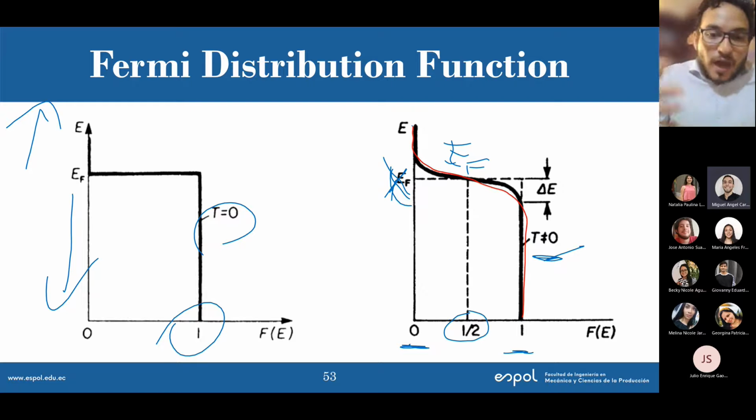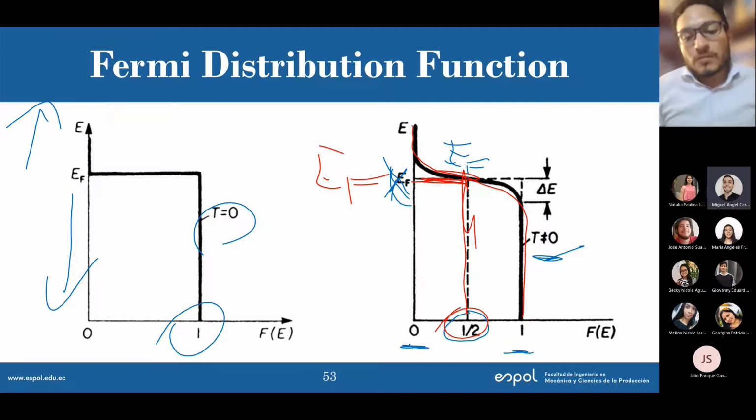Let's define it at the point where the probability becomes a half. So at that point, you go up to the energy and say, okay, that point in energy is called the Fermi energy. Is that clear or not really? Yes, now it's clear. Okay, great. Thank you.